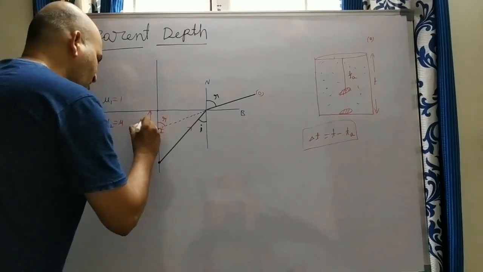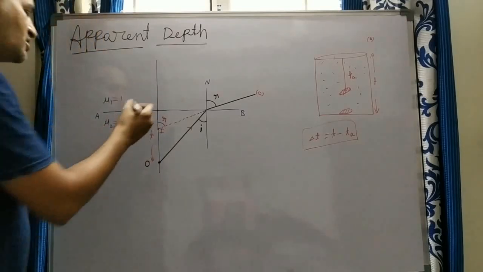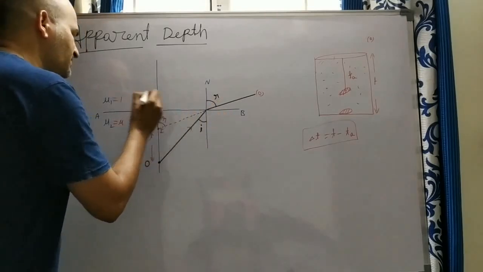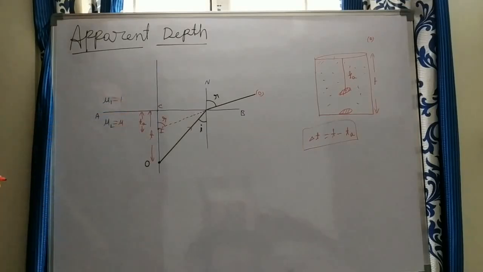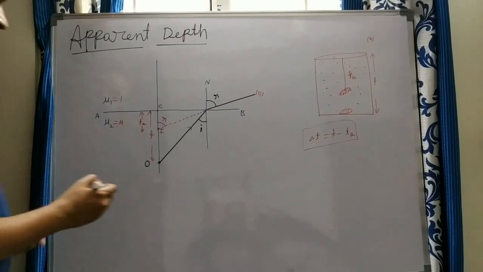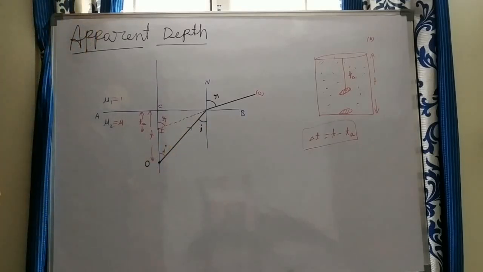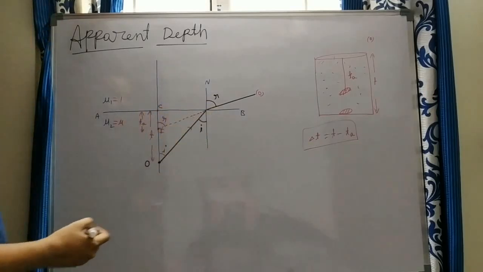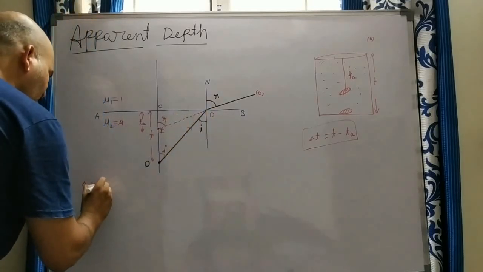You can write T apparent from here to here. Take this point as AB, and this as center C. CO is the actual depth and CI is the apparent depth. This angle is I, so this is also I. Use the tan theta formula using triangle OCD.